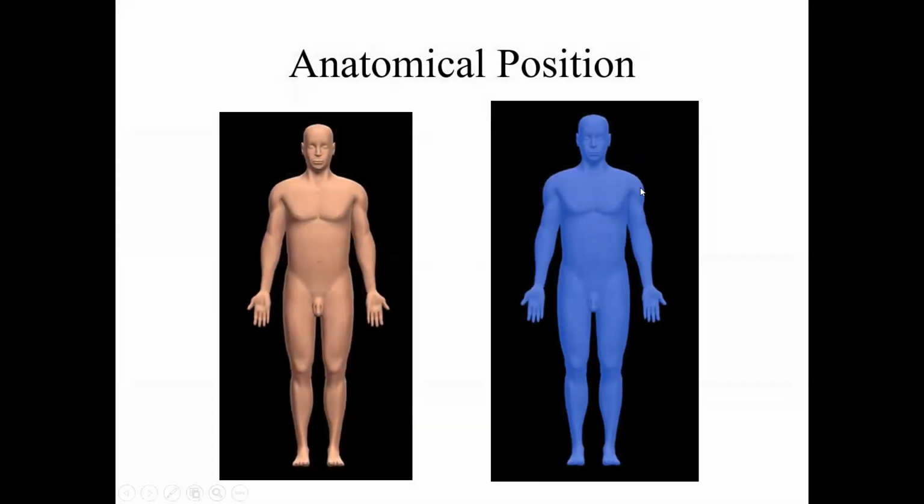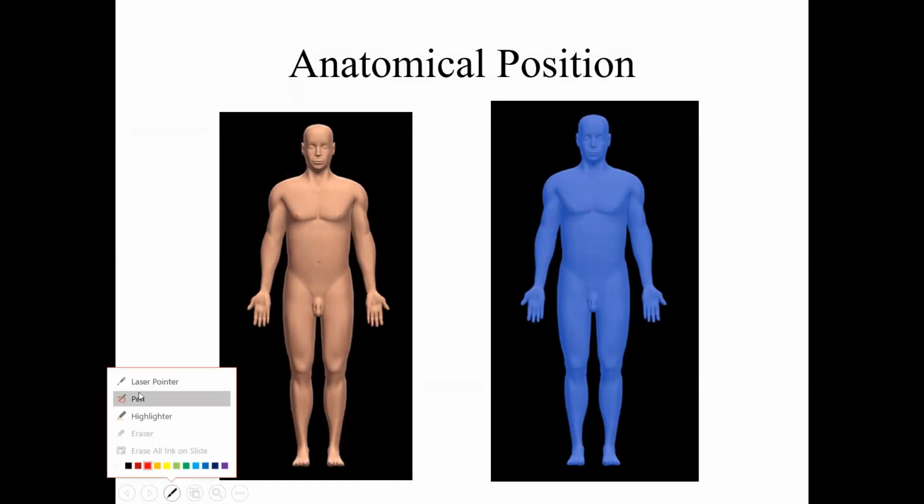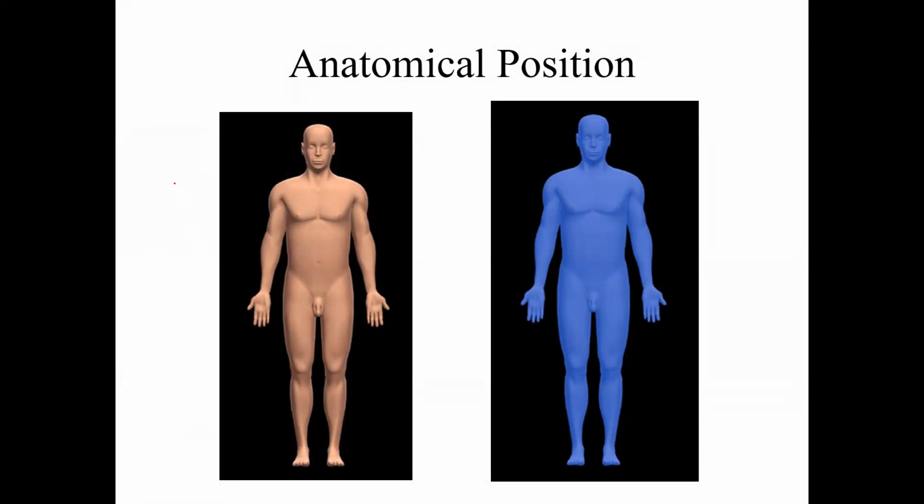All right, so here is the anatomical position. You can see that this person is in an upright stance, facing us, palms forward. So that means the anatomical position for this person makes this side the right side and this side the left side, correct?